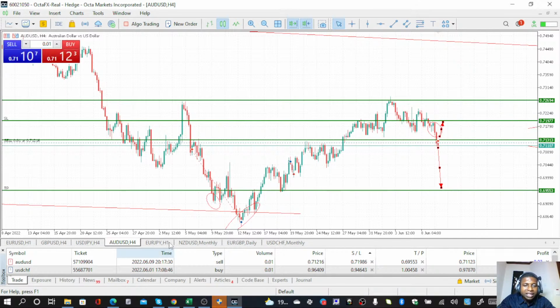But look at this one that spans almost the whole chart, showing the peak of the top and the peak at the bottom of the price footprints. The one at the top is the major resistance level.